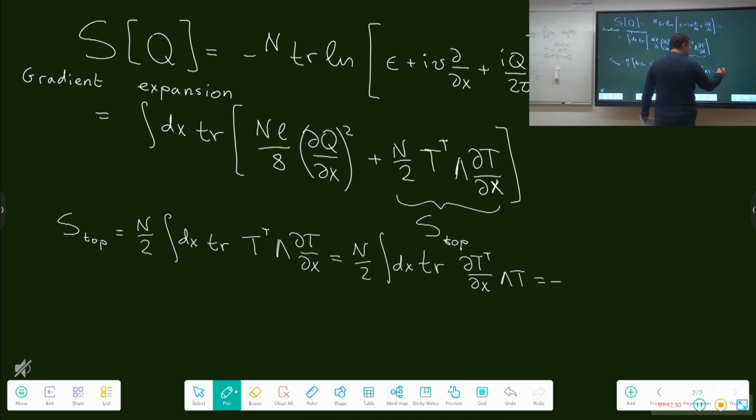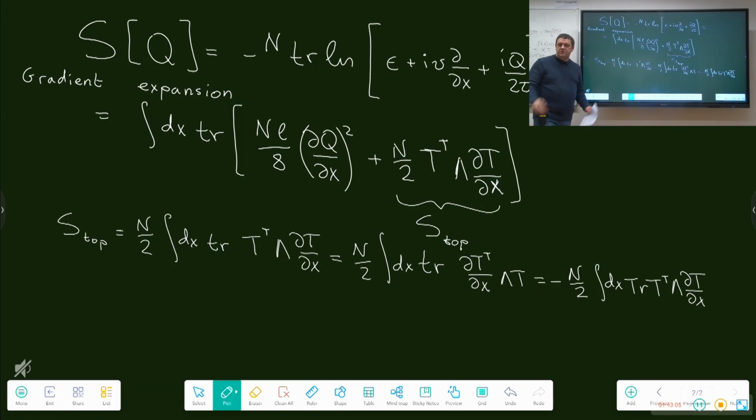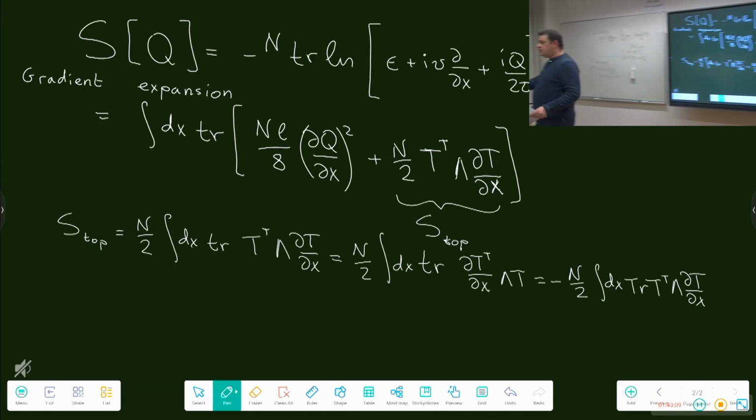So this is minus n over 2 integral dx trace T transpose lambda dt by dx. So it just flipped sign. This term equals minus itself. That's why it is always 0.